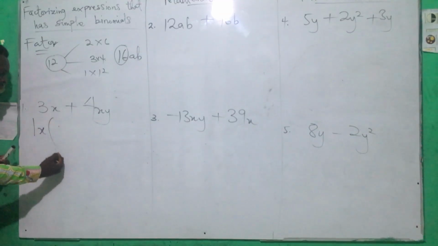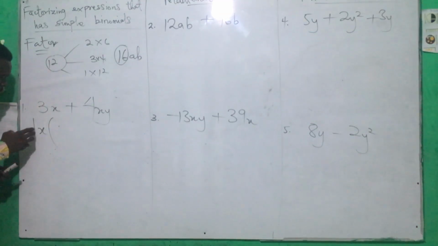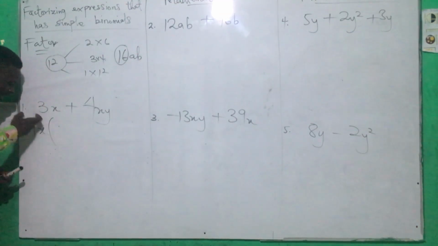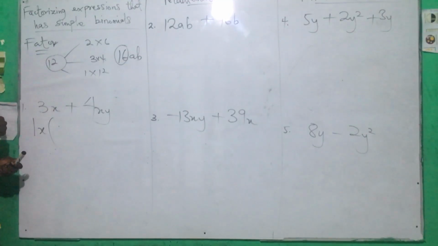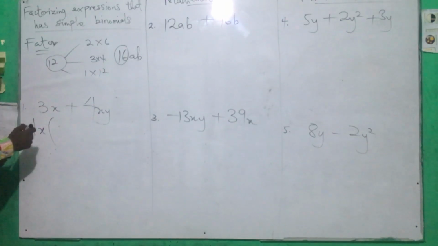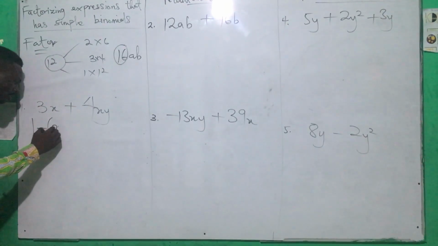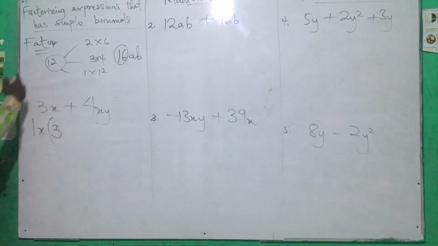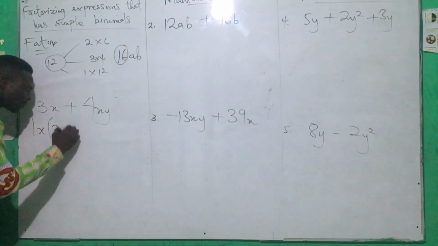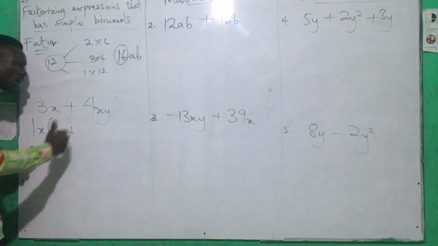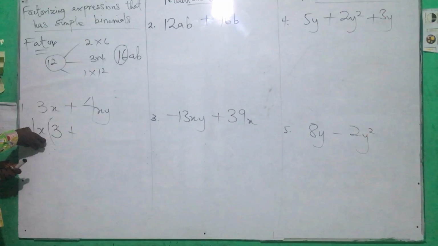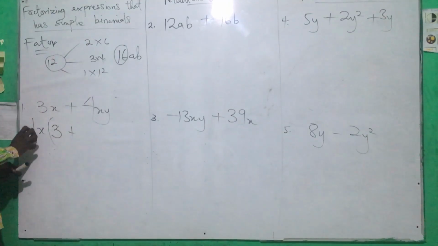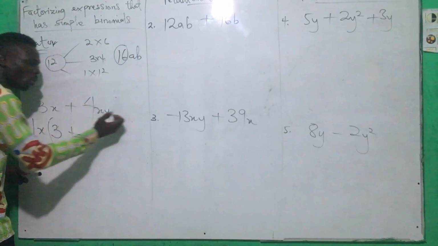When you introduce a bracket, you ask yourself, what times this value will give me the first term in the expression? This number times 3 will give you 3x. Then we have plus. Now you have 4xy and you have factored x out, so we are left with 4y.